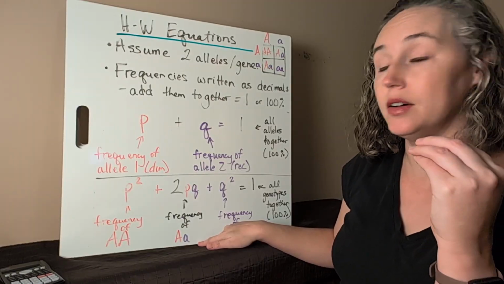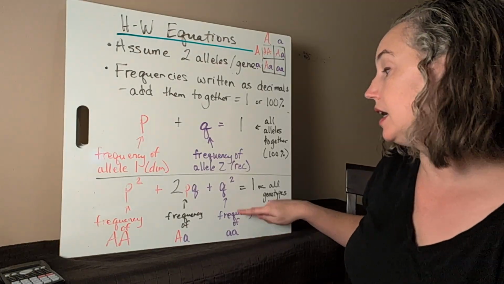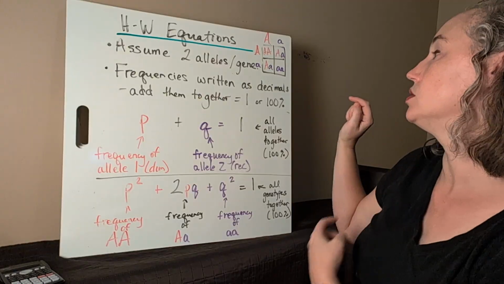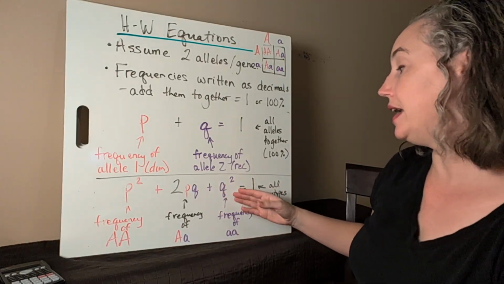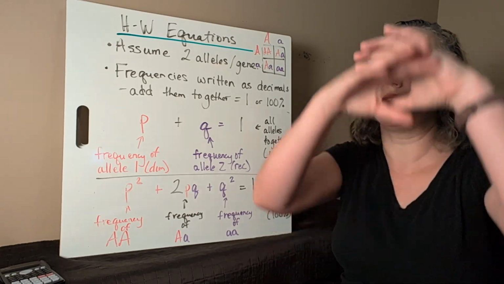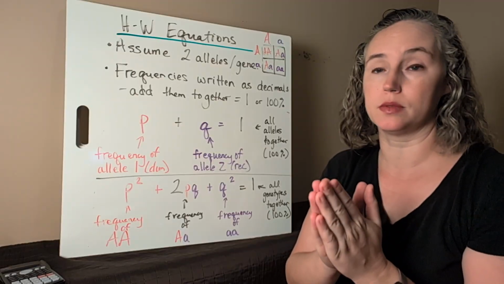And then the frequency of the homozygous recessive, or little a, is Q squared, right? Q times Q is Q squared. And that's going to equal 1. Why? Because think of 1 as 100%. That's all the individuals with all their genotypes together in the whole population.